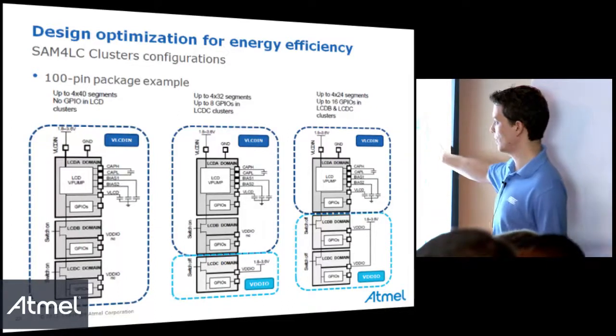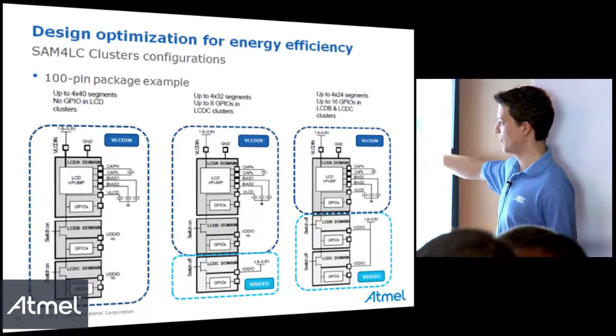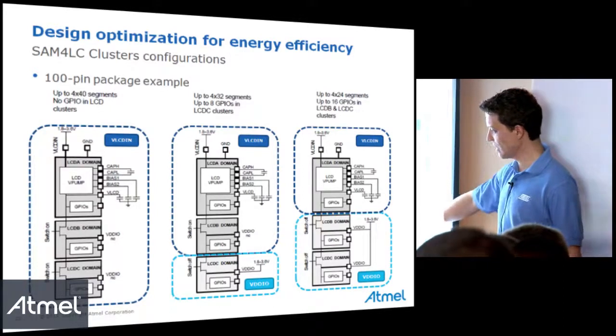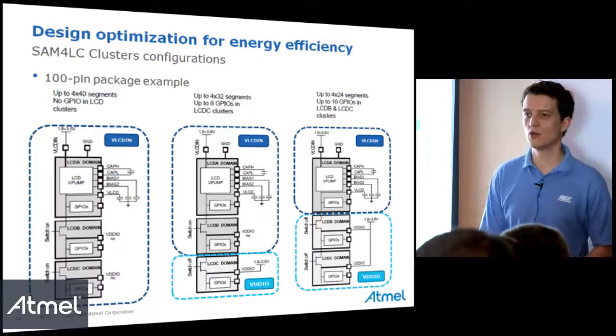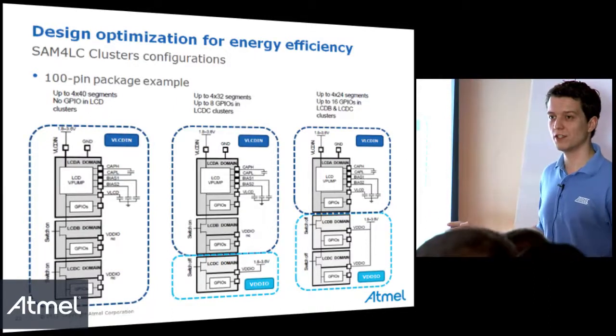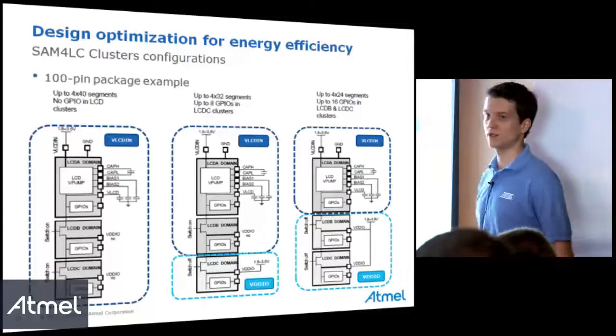In this case, you power LCD A using VLCD in and the two other clusters with VDD IO. Then there is another configuration if you want to use all the pins as GPIO.